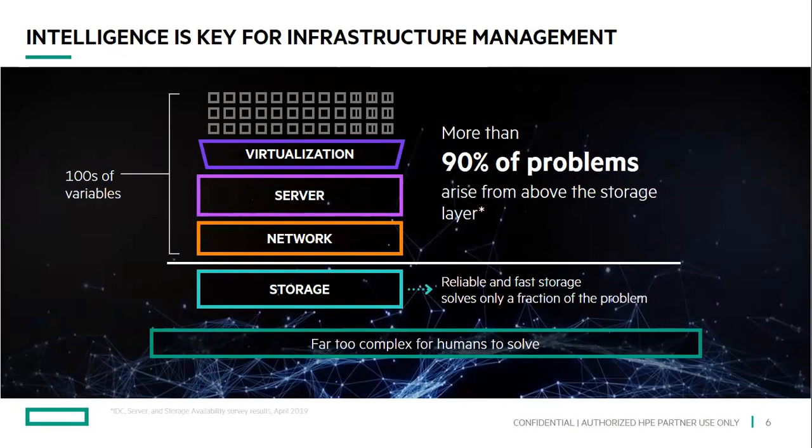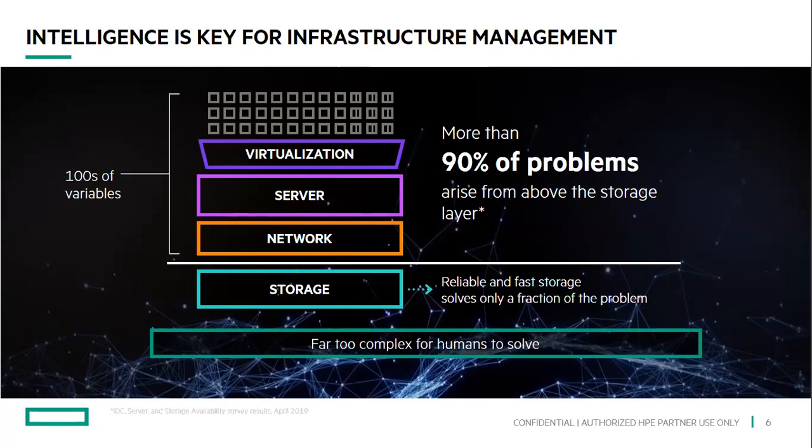The artificial intelligence engine should be capable enough to take all those decisions and make automatic remedies and create automatic cases, not only on the storage but taking up all those things at a complete stack level. This slide says that more than 90% of the problems arise above the storage layer.